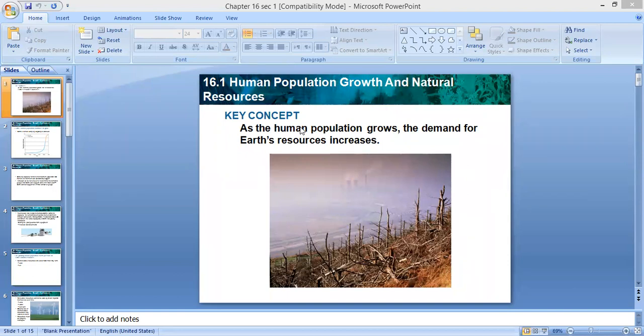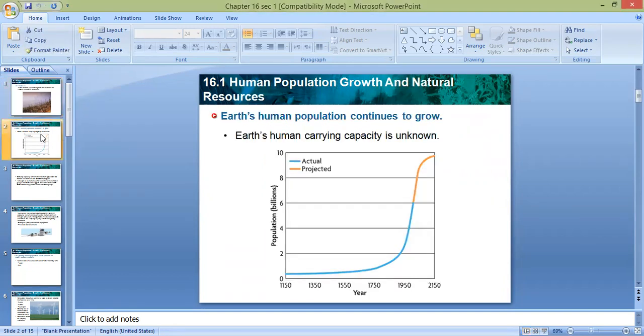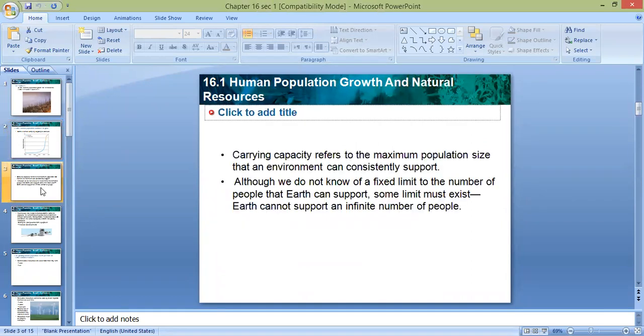We learned that the human population grows over time, and the demand of Earth resources increases. We will need more resources of food, more shelter, more space. So we said that the technology in our days will increase the carrying capacity of the Earth.